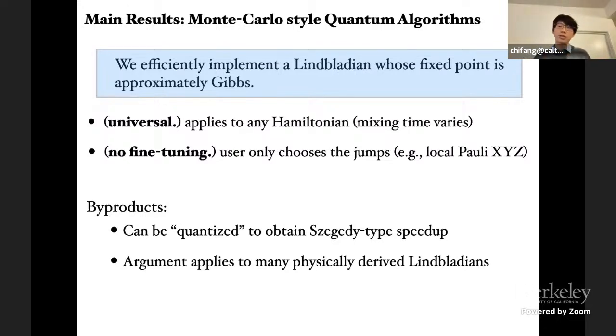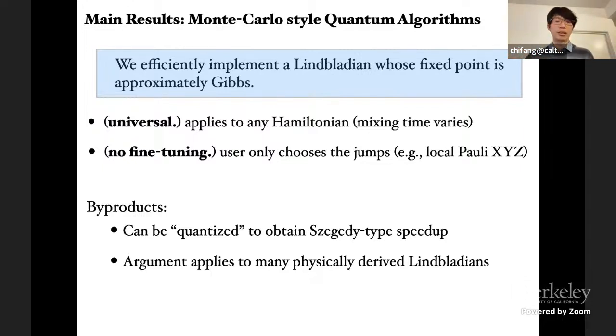It's very different from variational algorithms. Here, there are not that many parameters you can tune. You just choose the jumps, and often this doesn't change the behavior by too much. Usually some generic choice suffices, for example, local Pauli flips. Further, we believe our main result is the right way because our formalism directly generalizes to many other settings.